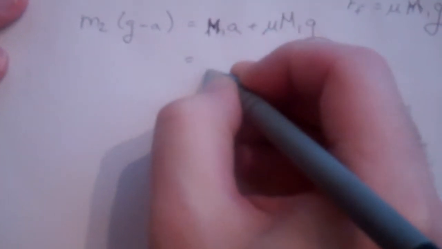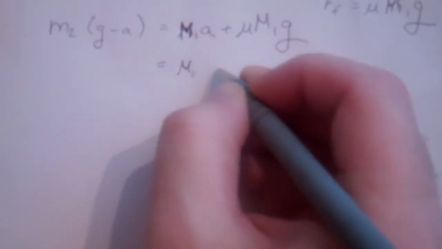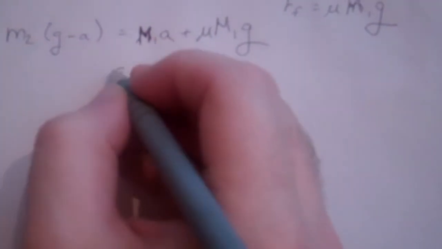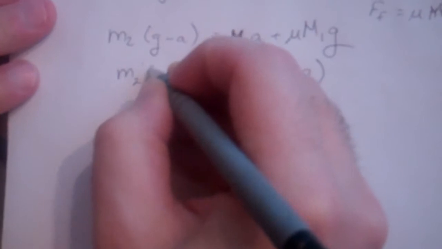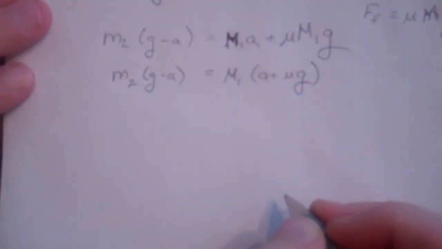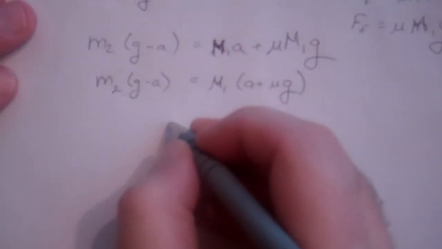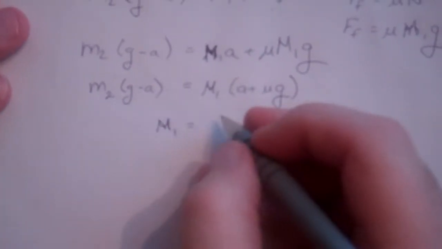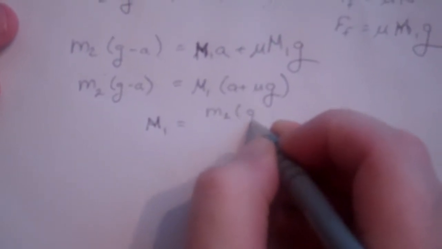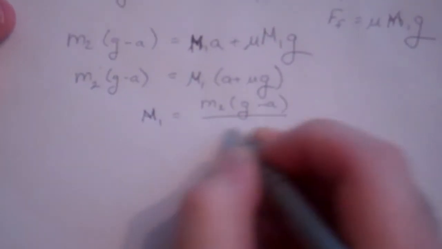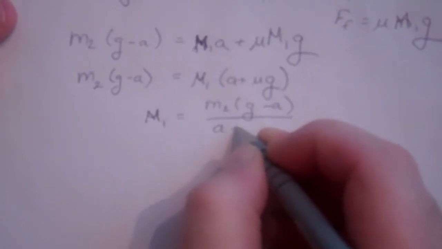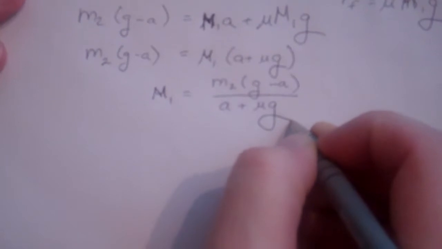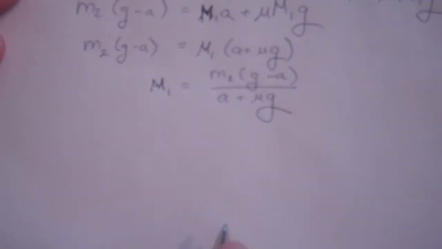Well, we can say M1 times A plus mu G. This is going to stay the same, M2 G minus A. Alright? And then we can say that M1 is equal to M2 G minus A over A plus mu G. Okay?